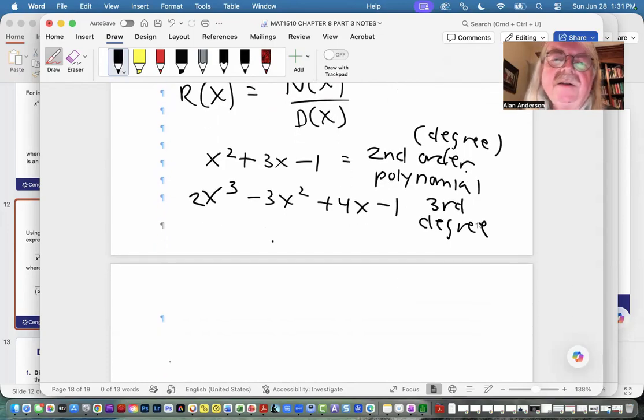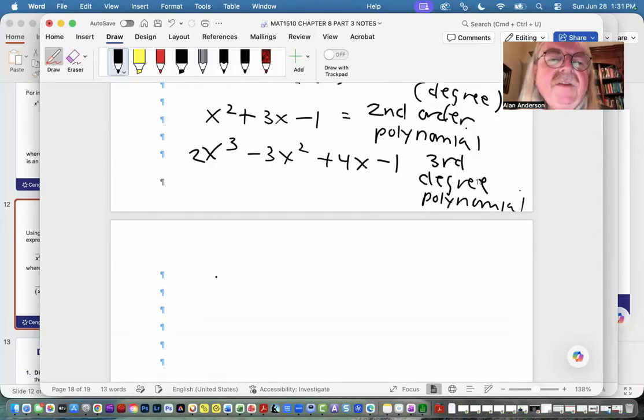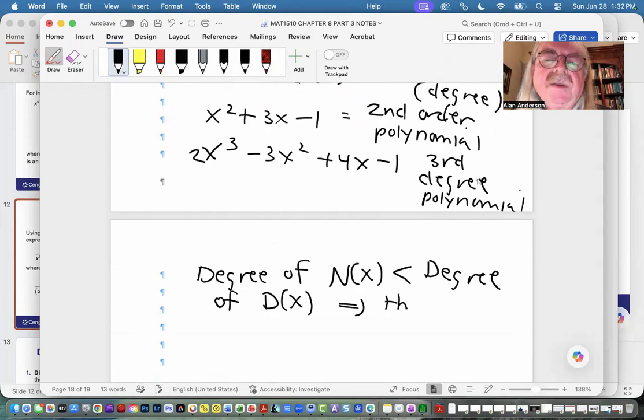Okay, now why does that matter? Because if the degree of the numerator is strictly less than the degree of the denominator, then this is a proper rational function.